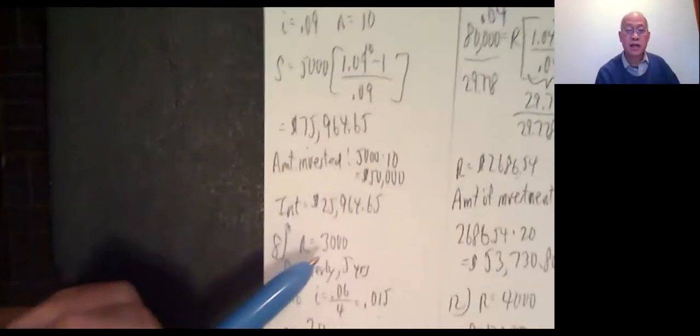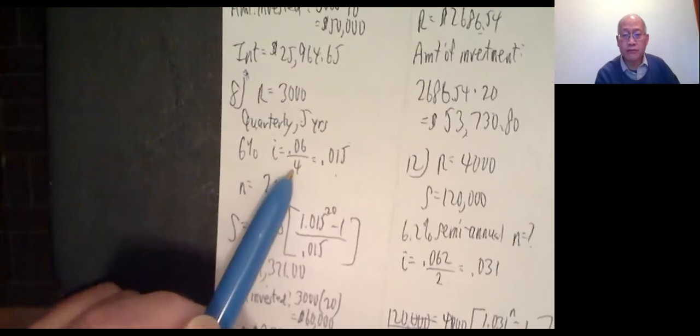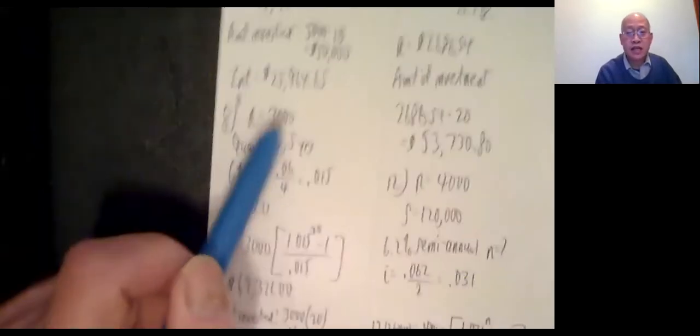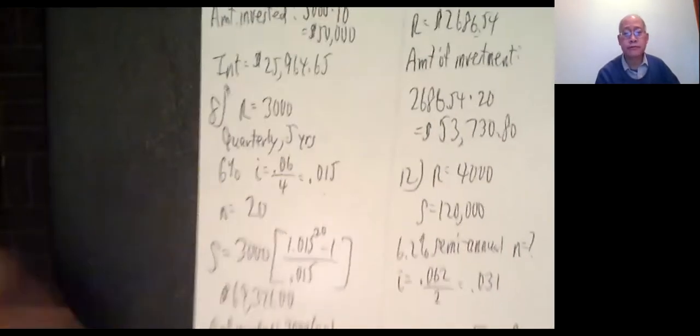So these go into this formula now. Okay, so my I, so please understand you don't punch in 0.06. Because that's 0.06 divided by 4, 0.015. And the N isn't 5, it's 5 times 4 because it says quarterly.